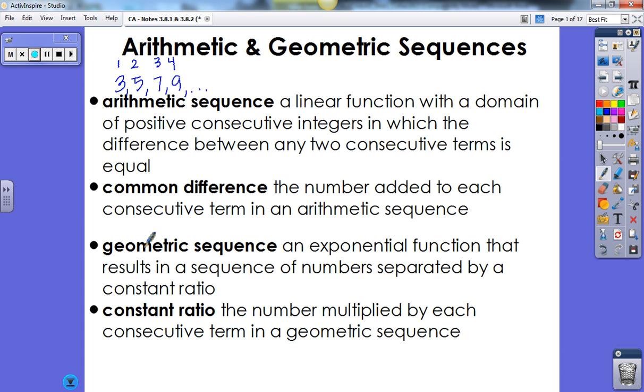If you recall, a geometric sequence is an exponential function because each time I'm multiplying. So for example, if I have 2, 4, 8, 16, this would be an example of a geometric sequence because I'm multiplying by 2 every time. Notice here, when I multiply by 2, this only goes up by 2.